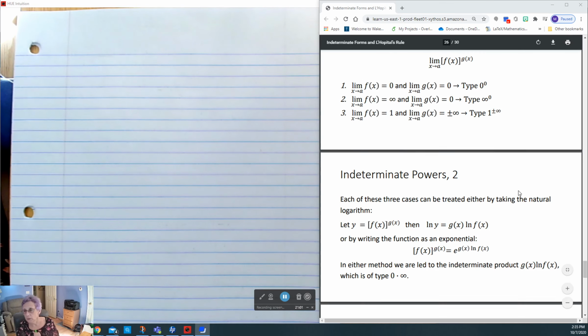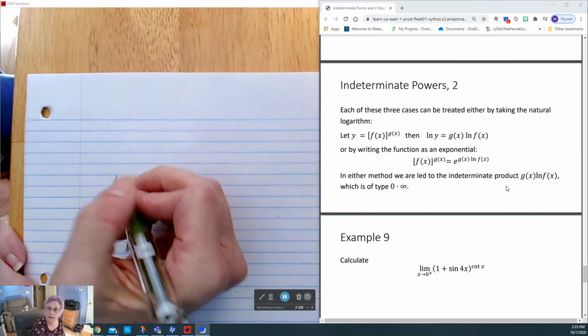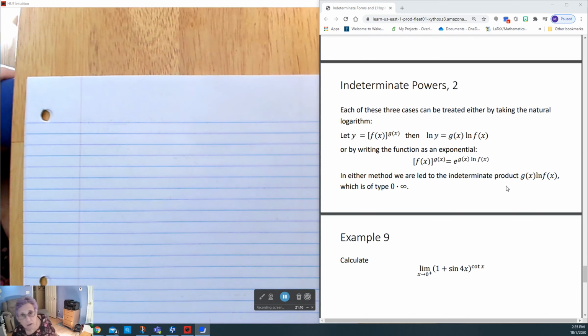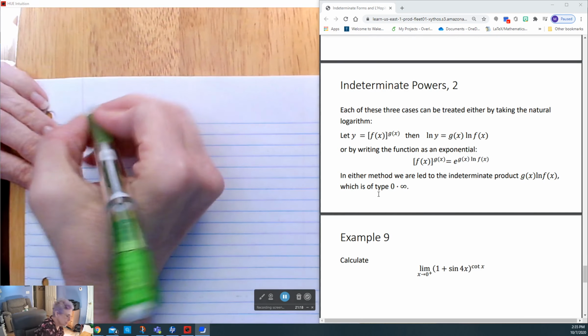So we take the natural log, and then we take advantage of the fact that e to the natural log of a number is equal to the number. Okay, so write our steps down.